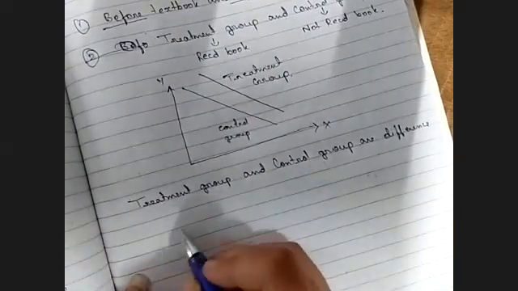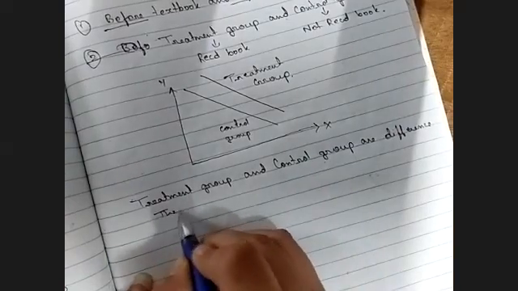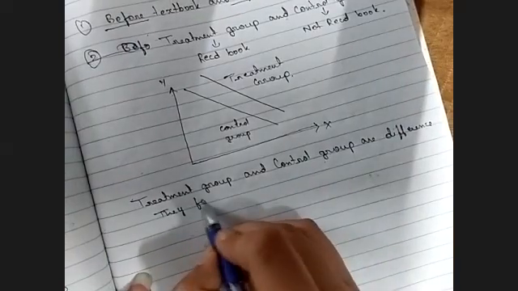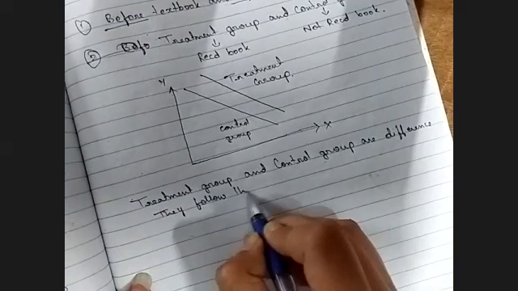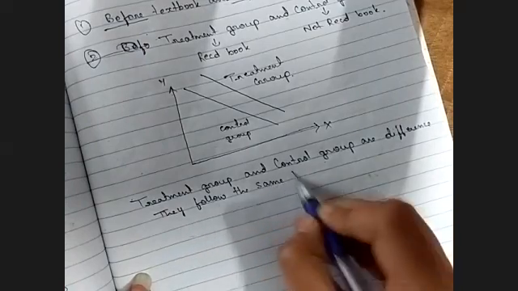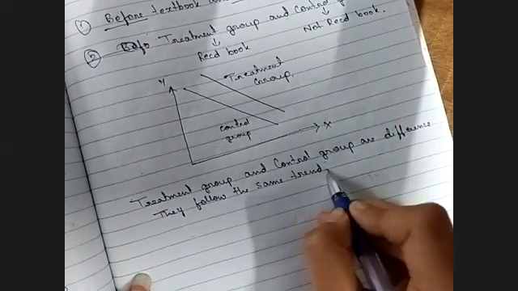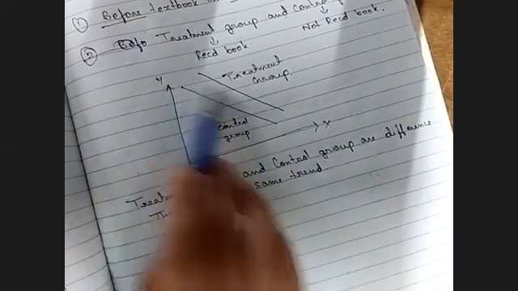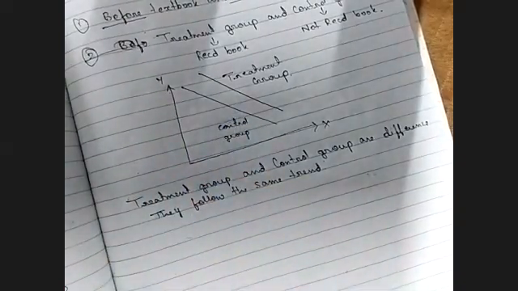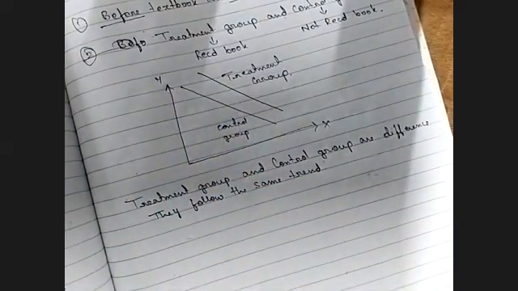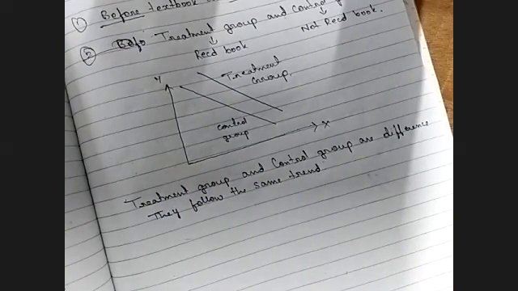And second thing, they follow the same trend. Same trend means in this way they will always be parallel in nature. It proves they will follow the same trend.